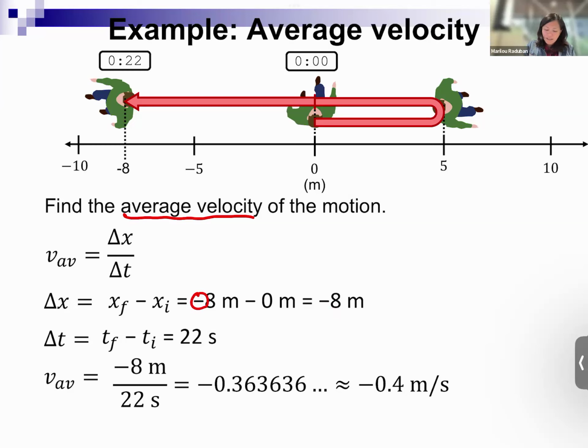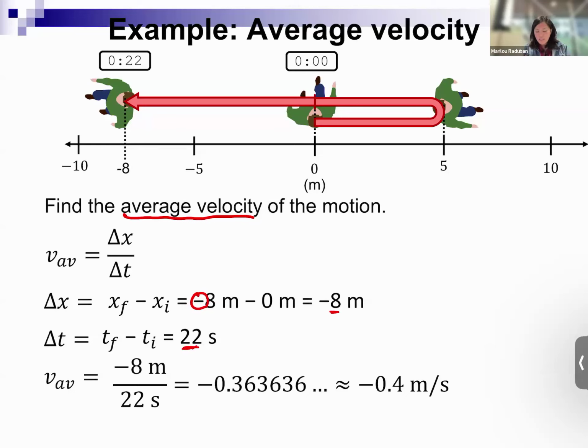The negative sign gives us the direction, which is to the left. It took the person 22 seconds to go from his initial to the final position, and therefore we can calculate the average velocity, which will give us a negative number again. So looking at the significant figures here, the displacement has one significant figure, time has two significant figures.